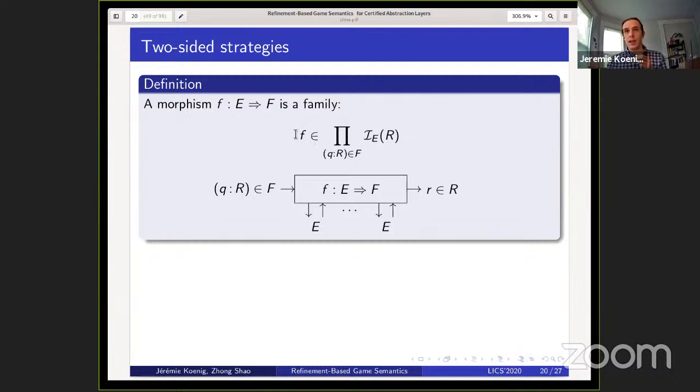Then your strategy will tell you how, when you have an incoming question, you're going to do a series of external calls, or maybe record events in your trace that you can express in terms of the game E. And then finally, your function returns. So once you do this, you need to go from this transition system description that you have in CompCert to the strategy description that we describe in the paper.